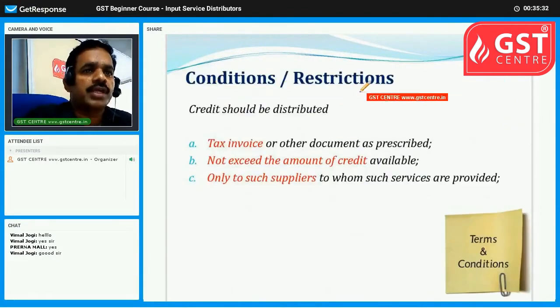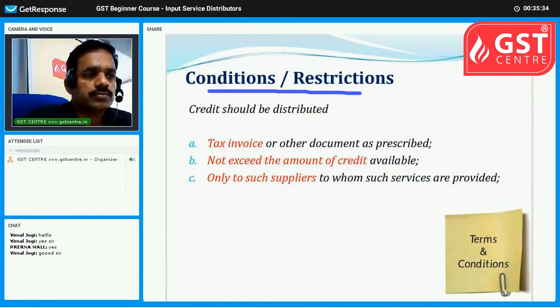There are some conditions or restrictions for transferring such input tax credit to the units by the input service distributor. Means when we take the earlier example, while distributing the input tax credit by New Delhi office, there should be some conditions.